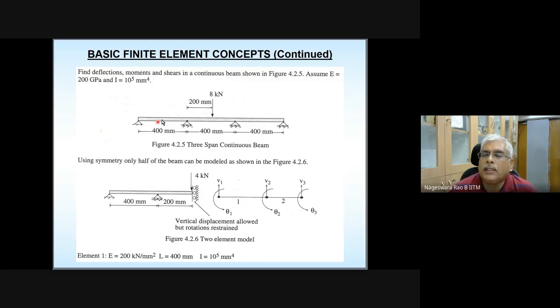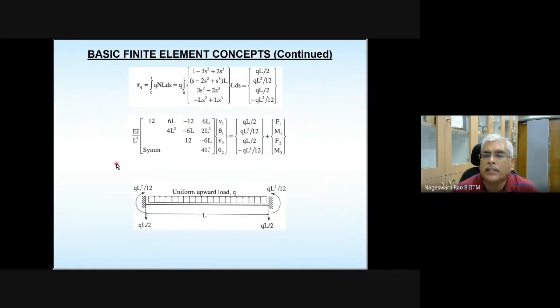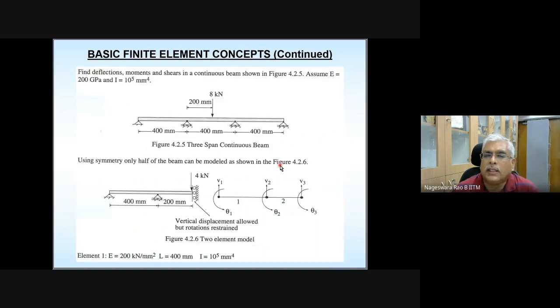So the first element is joining node 1 and 2. Making use of the element equations, depending on its length and its flexural rigidity, you get the stiffness matrix. Depending on the loads applied, you assemble the force vector. That is how you get the element equations for element 1, and then for element 2.